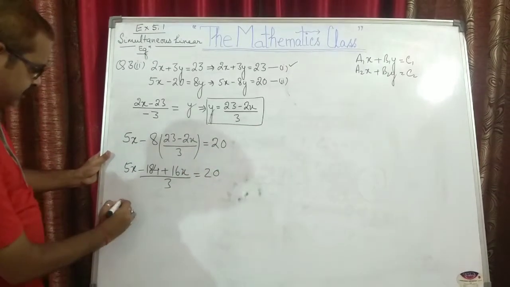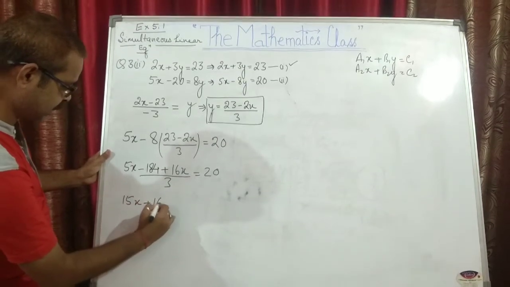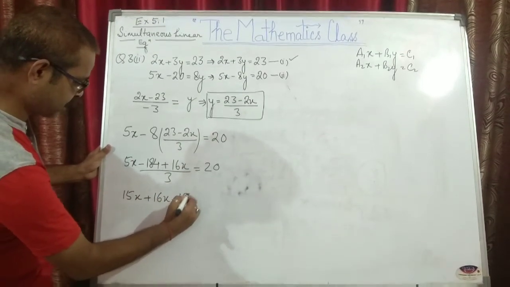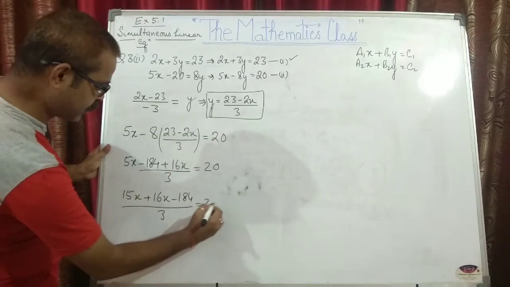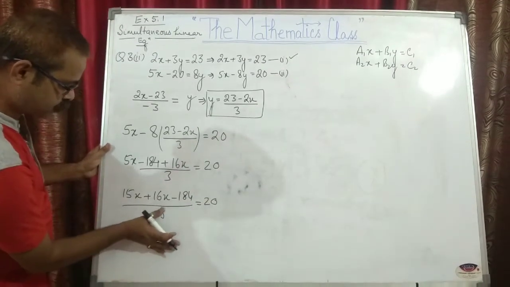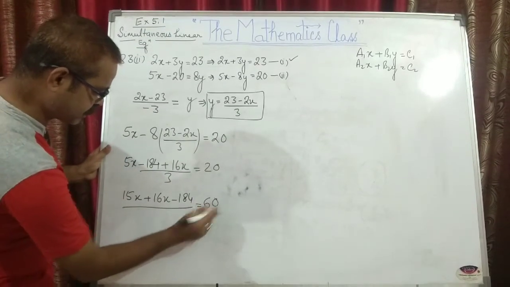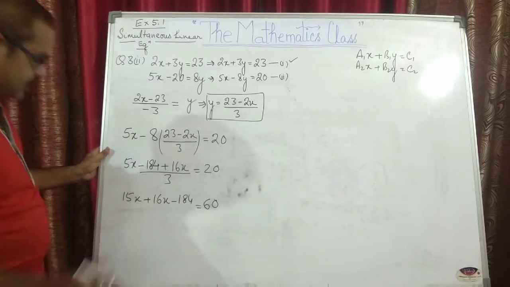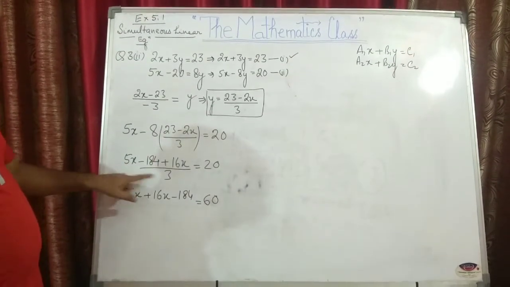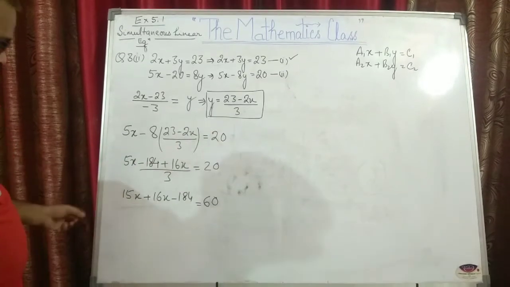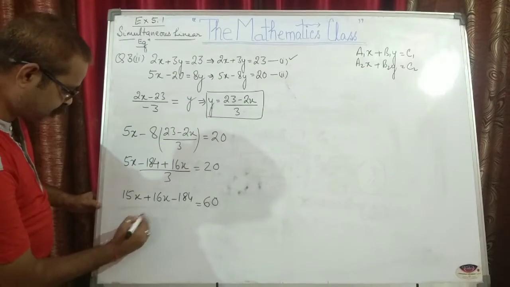Take the LCM, 5 3s are 15x plus 16x minus 184 upon 3 is equal to 20. Cross multiply, so this will become 60. 3 multiplies to this, becomes 60, and 5 3s are 15 plus 16. 15 plus 16 is how much? 31.